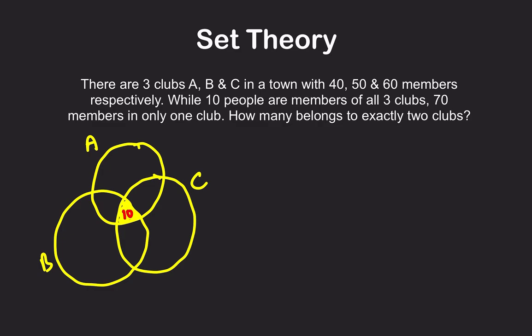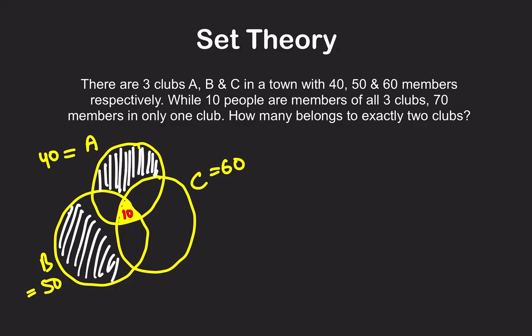Right? Now, how many members are there in A? That is 40. B has 50 and C has 60. Right? Now, 70 people are members of only one club. So if I consider this, these people which I am coloring white are only members of club A. If they are part of this, they will be members of A and B. No, we are only looking at those members right now which are members of only one club, this part or this part.